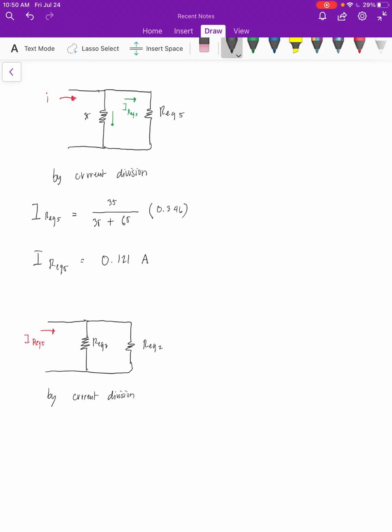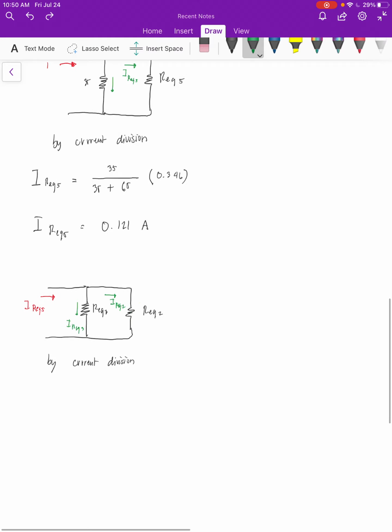Let's say the current here is the current in Req2, and obviously the current here is in Req3. But our concern is to solve for the current at this branch, Req2.